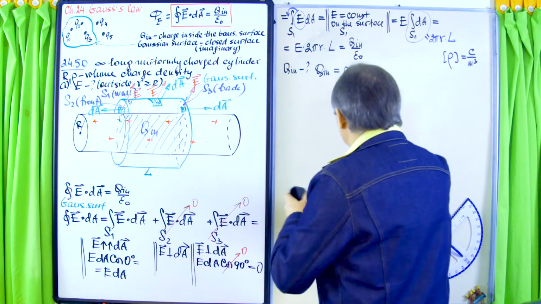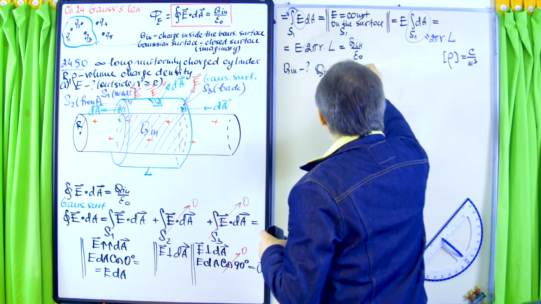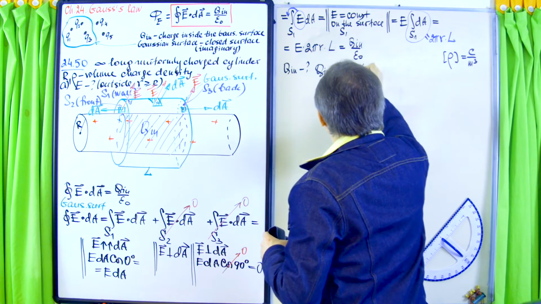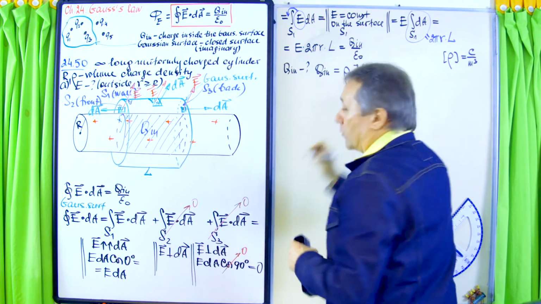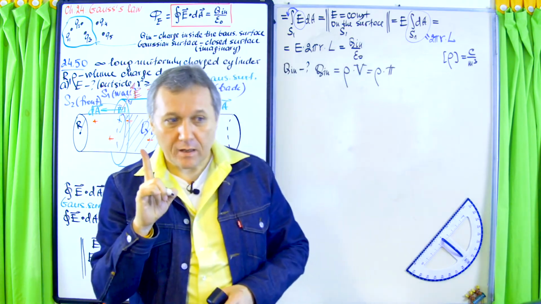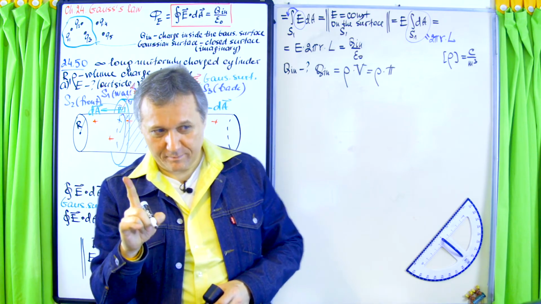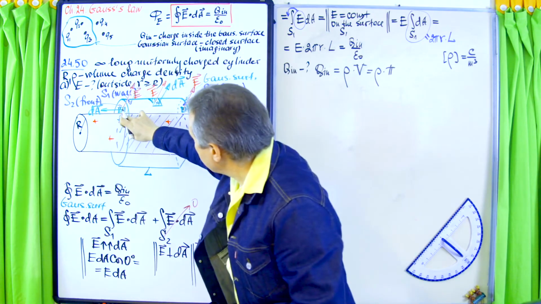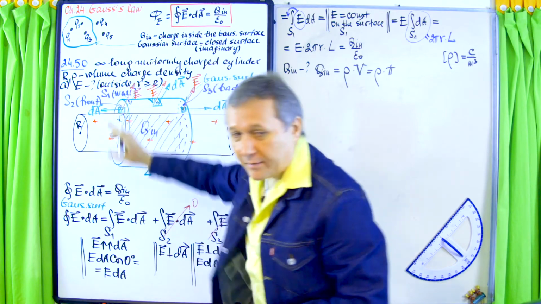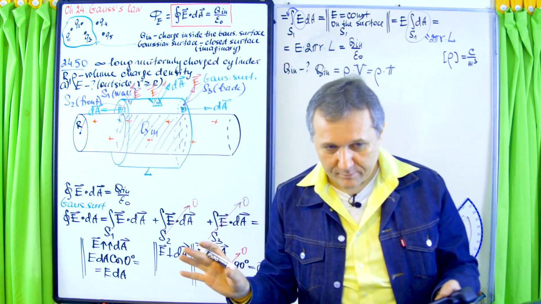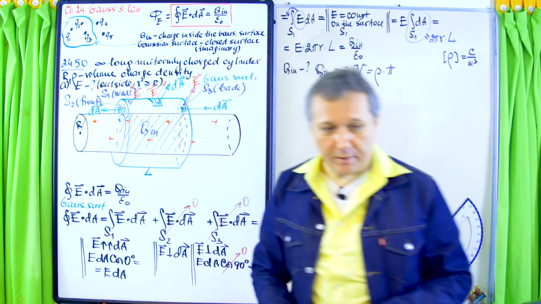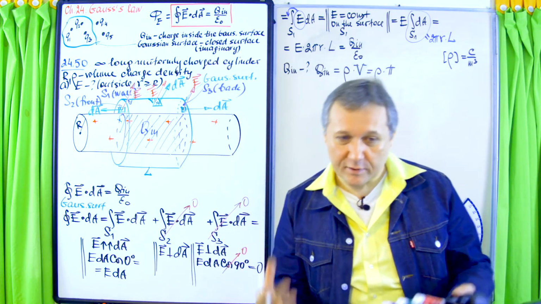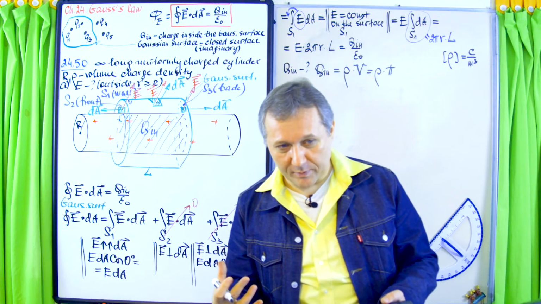So, okay, let me write first volume and then rho and pi, which are R capital. Because between R capital and that R small, that volume is empty. Charge is only over here, inside of the cylinder with the radius R capital.